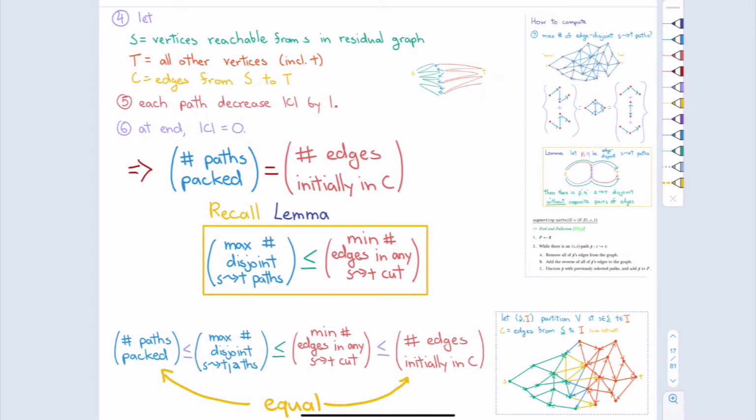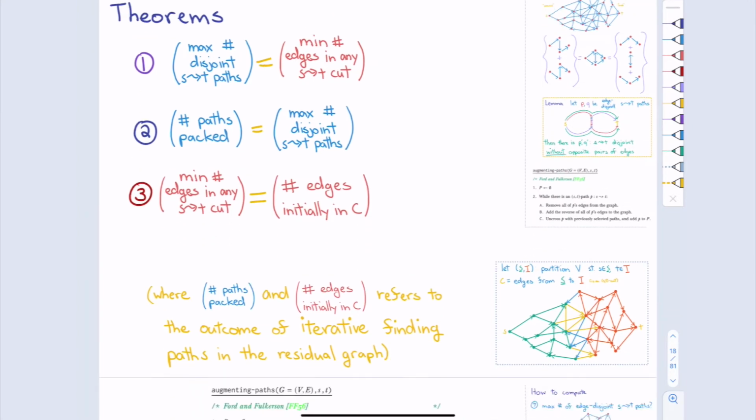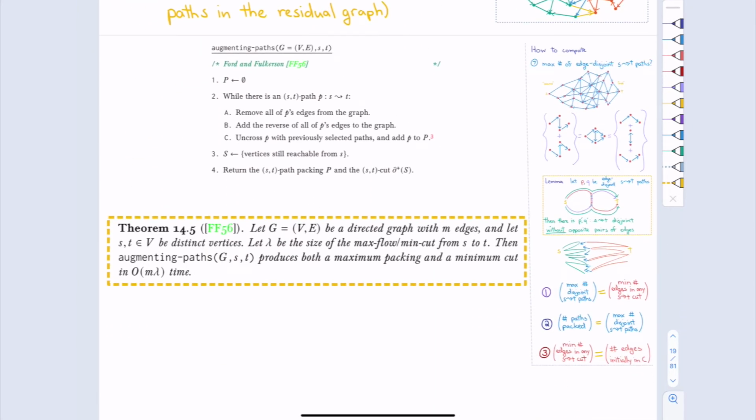And we already had that less than or equal for free. So as soon as we got equality, then suddenly everything was optimal. I knew that I had truly taken the minimum number of edges in any S to T cut, and I had truly packed the maximum number of paths from S to T. Okay, good. We get all these very nice theorems. We got a running time that was proportional to the number of paths we packed.